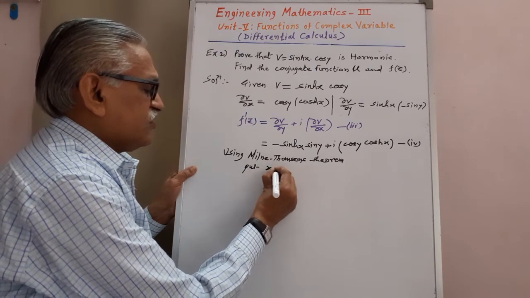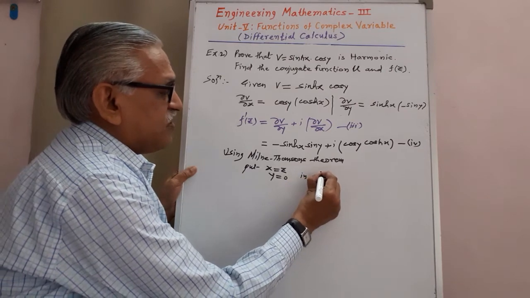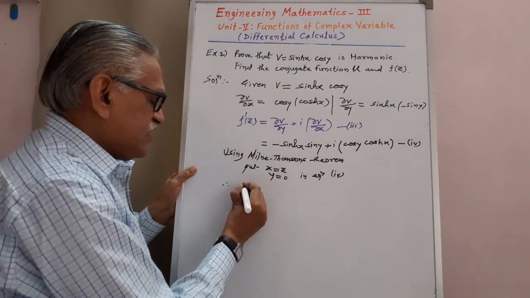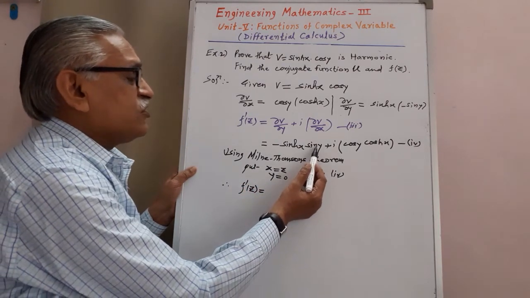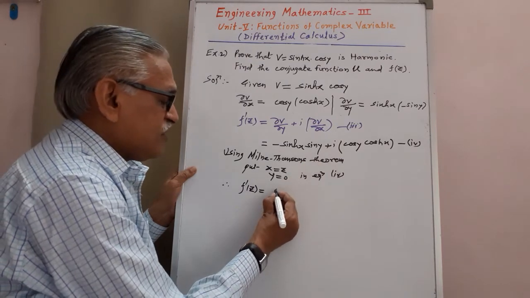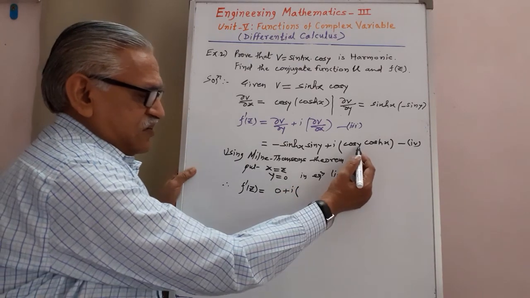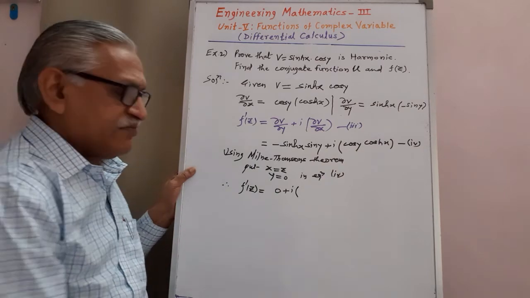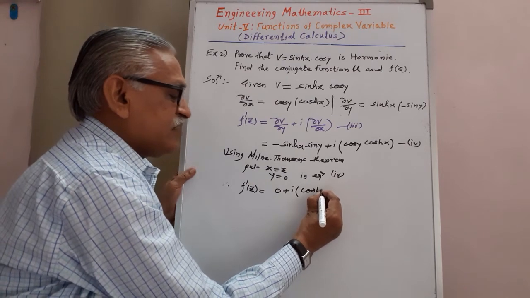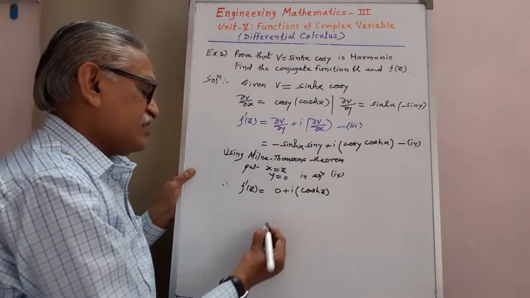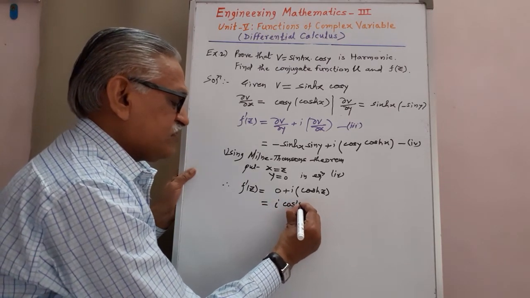We put x equal to z and y equal to 0 in the equation, and therefore we have f dash of z as, if we put y 0, it becomes sin 0, and sin 0 is 0, therefore the first term becomes 0, plus i times, y 0 means cos 0, the value of cos 0 is 1, into that cos hx, we get cos hx, and x is replaced by z, therefore it is cos hz, and it is equal to i times cos hyperbolic z.